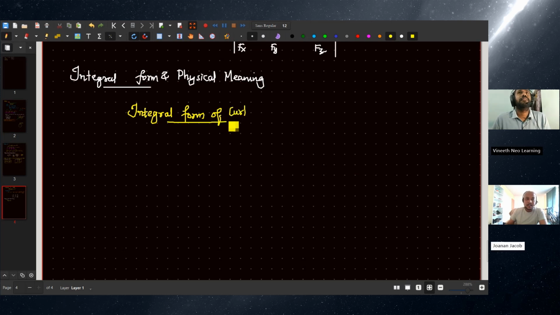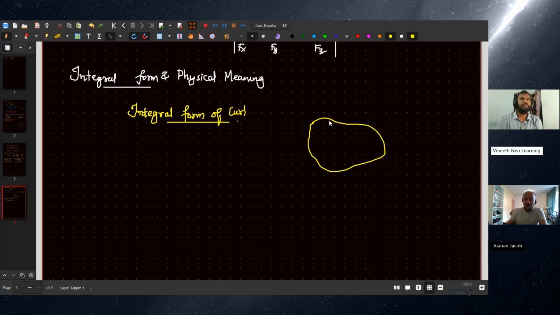In order to understand that, I am going to define an area, an infinitesimal area which is bounded by a small loop. This is that loop, around an infinitesimal point, and that loop is given by a small ds. So ds has a direction; it gives us the small arc length.